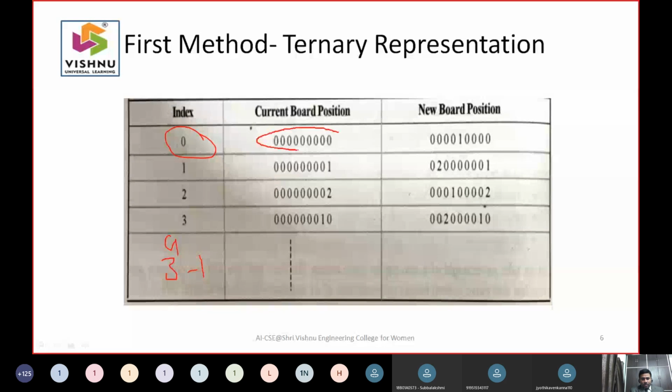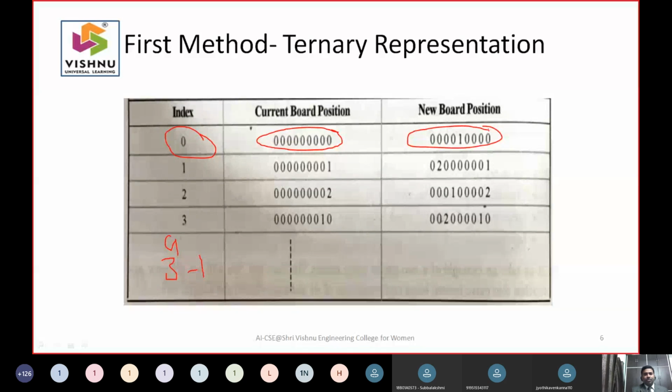For this current board, you need to have this new board representation. Can you tell me what exactly is the problem when you represent this in ternary representation? I can tell you like this.